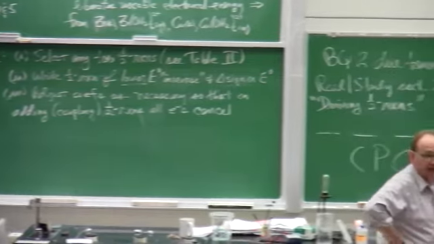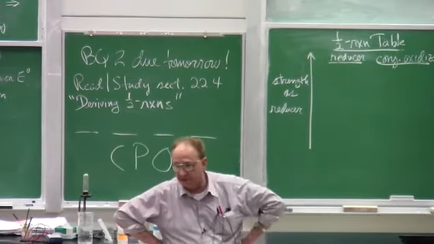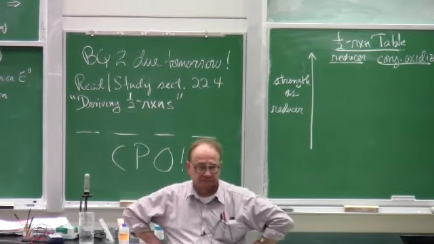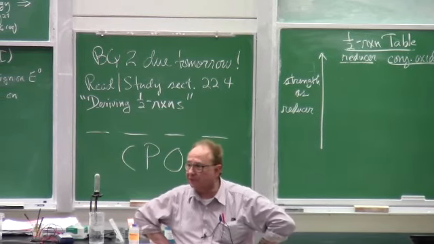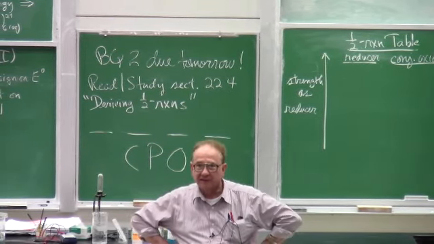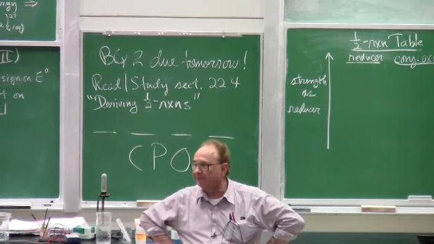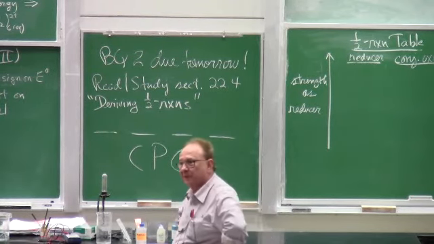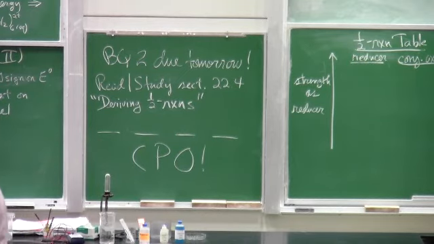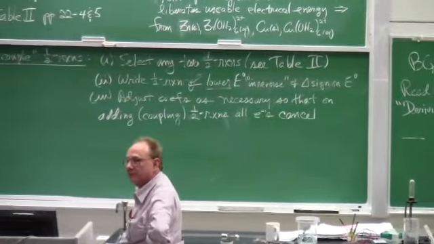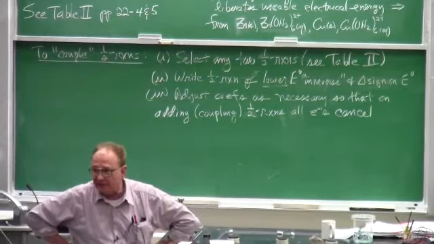And the weakest oxidizer listed in this half reaction table is the conjugate oxidizer of the strongest reducer. Is that surprising? Just like in the acid-base table, the weakest base is the conjugate base of the strongest acid. Here, the weakest oxidizer is the conjugate oxidizer of the strongest reducer, which means lithium ion aqueous.